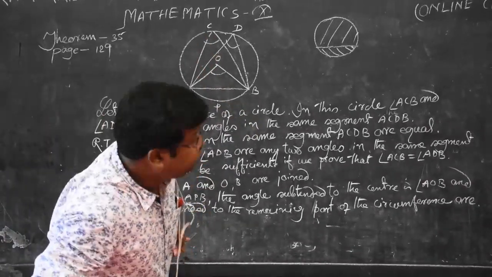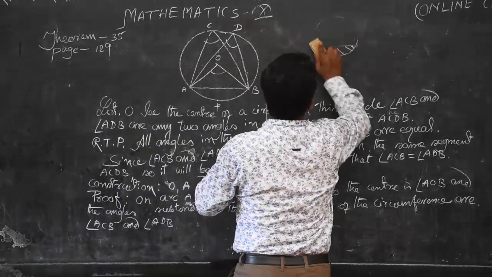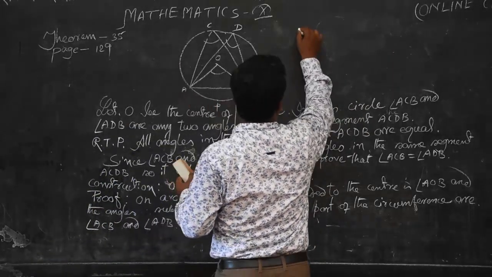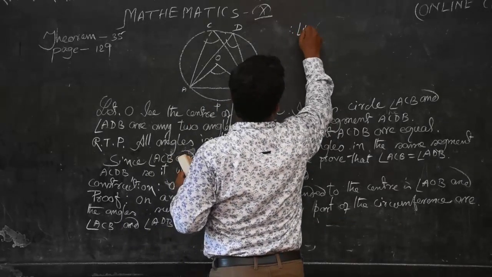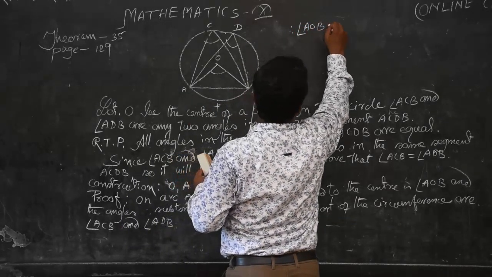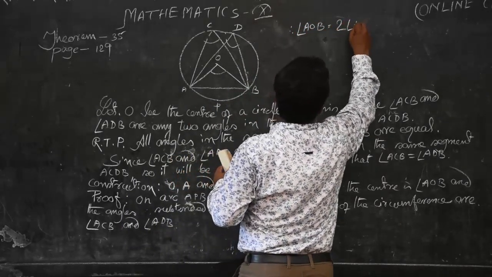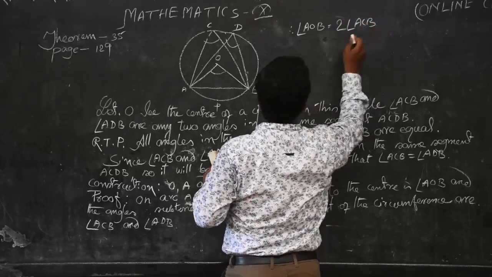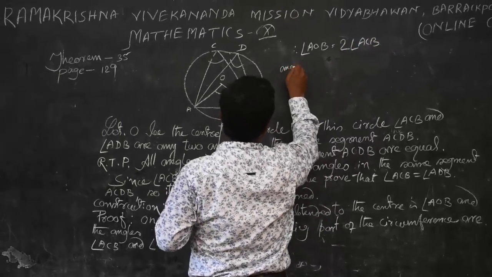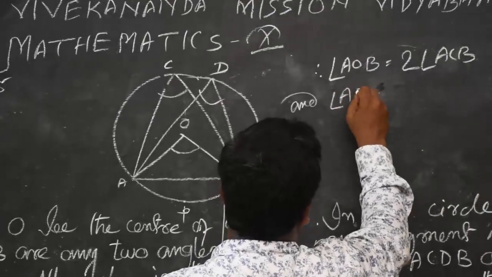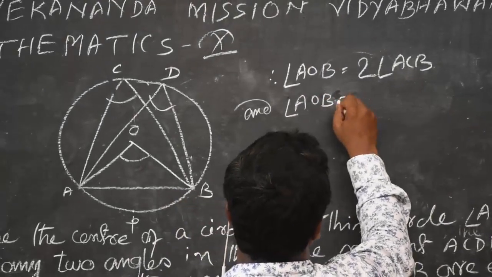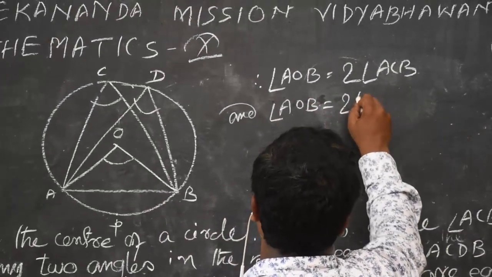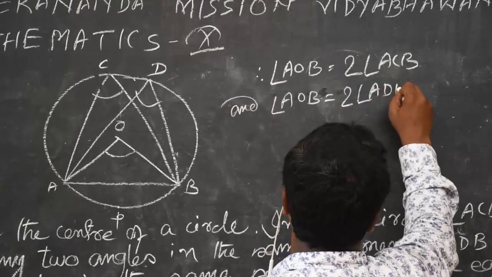So we can say angle AOB equal to 2 angle ACB, and angle AOB equal to 2 angle ADB.